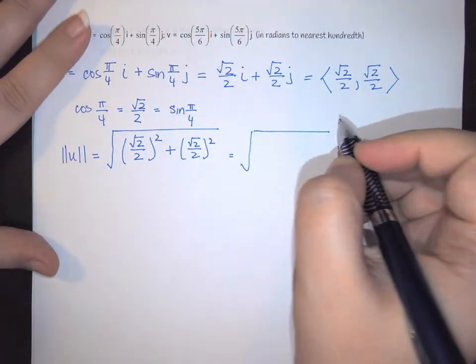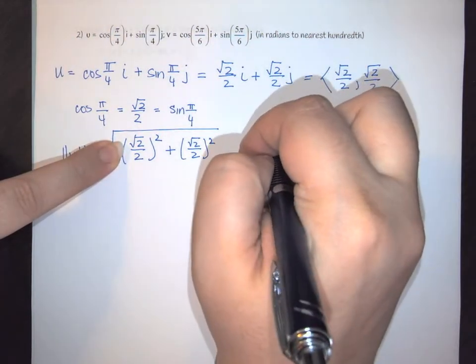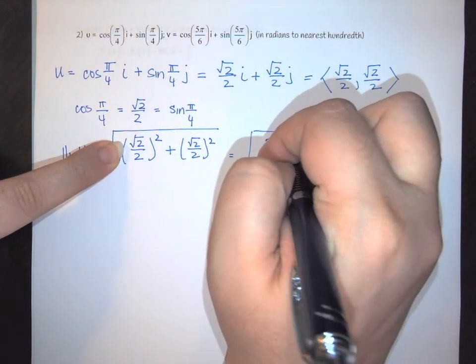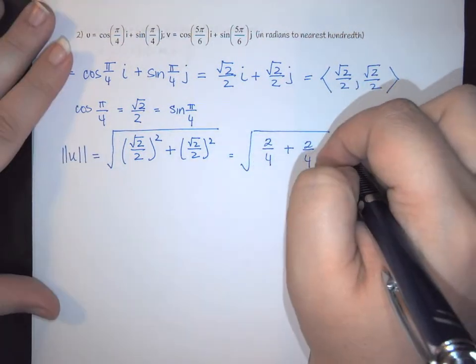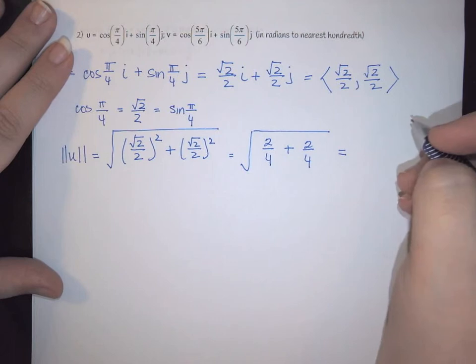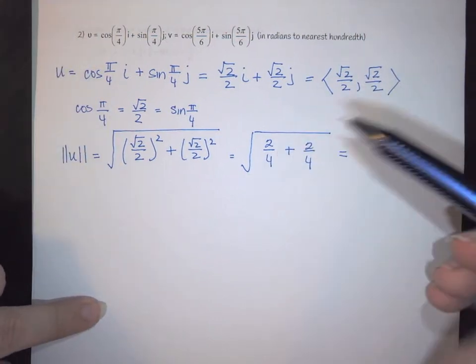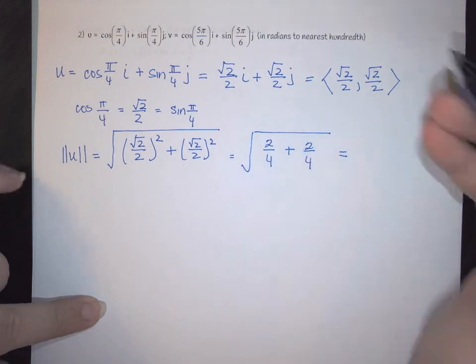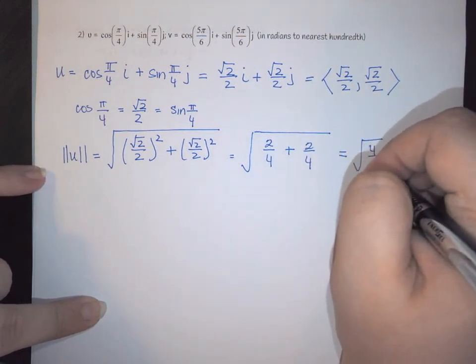When we look at the top, this is going to end up being 2 over 4 plus 2 over 4. In this case, we can reduce that down. We keep the denominator the same and add across the top. This gives you the square root of 4 over 4, which equals 1.